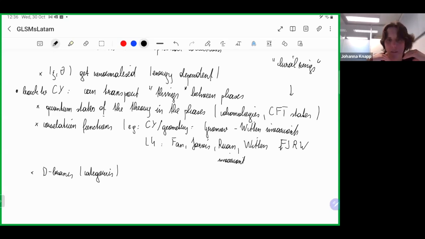And very similarly, but differently, different phases of GLSMs also, if you sort of enhance them by what physicists call D-branes, the correspondence between phases can be augmented to the correspondence between certain categories associated to these phases.